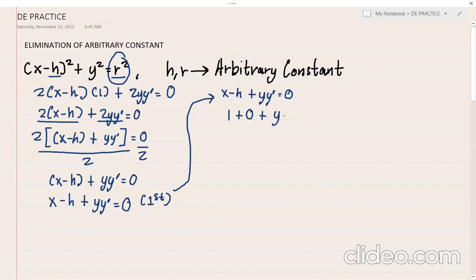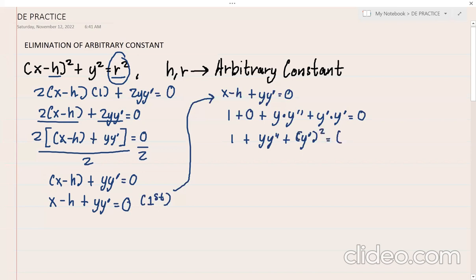Okay? So you will have y times y second prime plus y prime times y prime. Okay? So let's simplify. So you have 1 plus y times y second prime plus the square of y prime, or y prime squared.